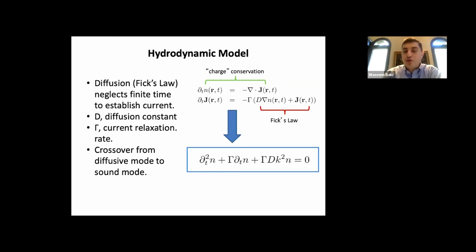So as you tune the wave vector, you're basically tuning the natural frequency, and so you can go between a regime where you're underdamped to overdamped by tuning this k. And so we can describe this crossover, and we can essentially fit all our data to just these two parameters, gamma and D, and the agreement tells us that this hydrodynamic model makes sense.